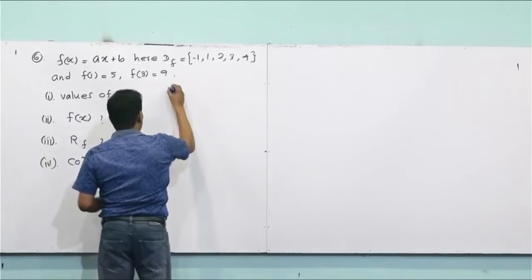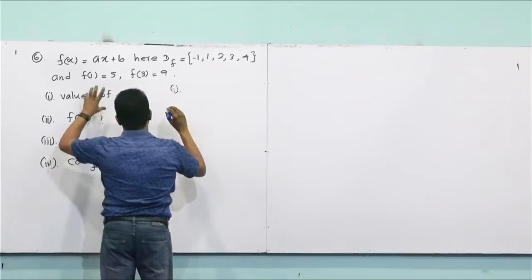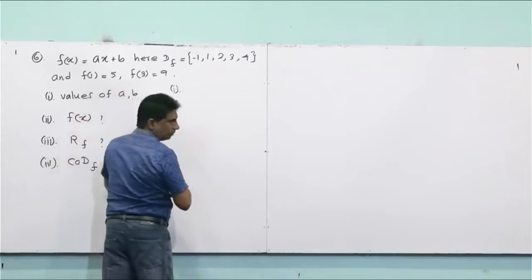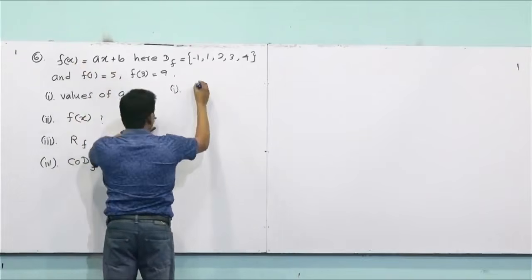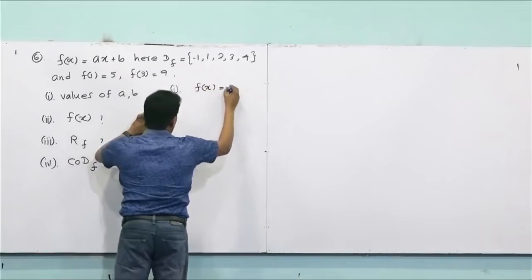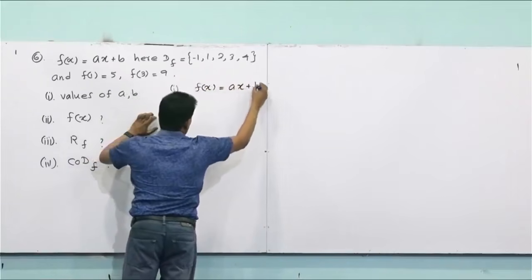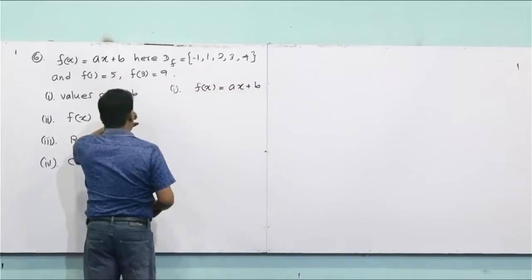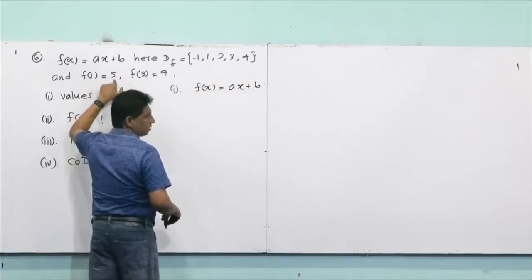This is the way to find the values of a and b. f of x is equal to ax plus b. Now we know that f of 1 is equal to 5.